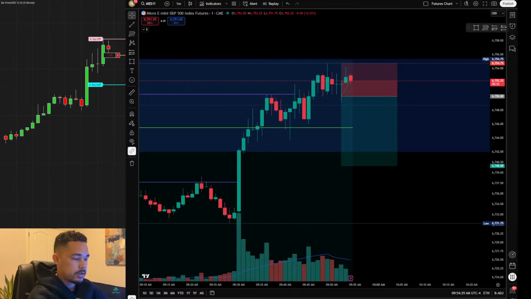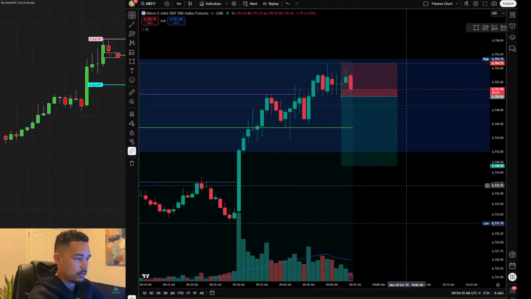Buying pressure has decreased though. So if I can see a strong bearish candle with strong bearish volume, then I know that would be a sure sign of a reversal, at least short term. So let's see. Almost at break even.